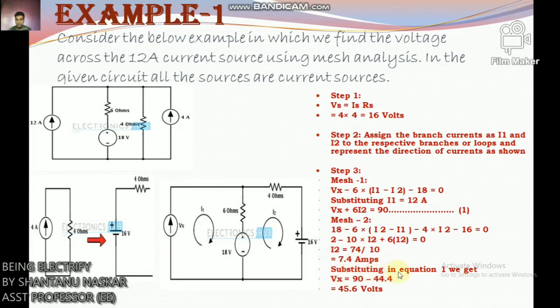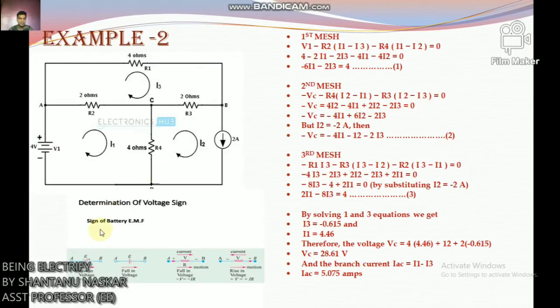Now substituting the value in equation 1, we can get the value of Vx. So the value of Vx voltage is 45.6 volt. So it is very easy mathematics and very easy method if you understand the actual thing. Okay, now go through the next example.